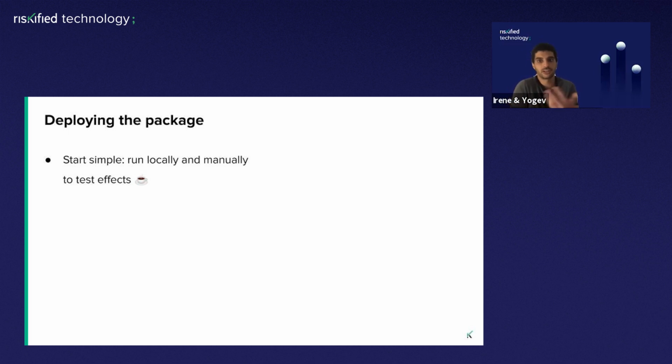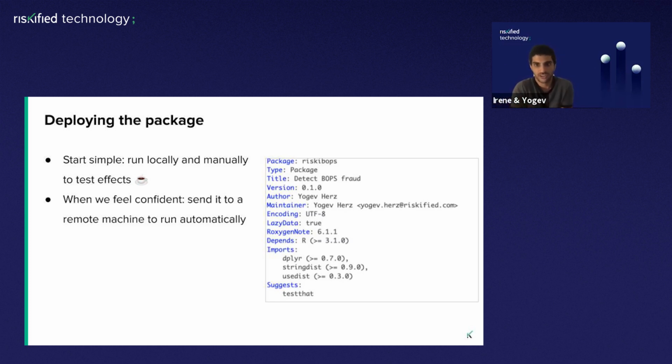Every time I got to the office in the morning, I drank my coffee, ran the script, and saw that everything is okay. After a while, when we felt comfortable that the code does what it's intended to do, and that nothing too serious breaks, we decided to run it automatically every hour or so to detect fraud in real time and make sure that fraudsters can't commit more fraud.